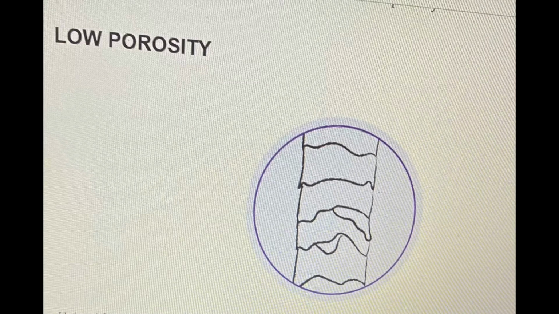Low porosity has a tight outer layer with overlapping scales that lie flat, and this is a picture of what it looks like. That means it's not allowing moisture to go in and out of your hair, and it takes a long time for your hair to get wet or dry.